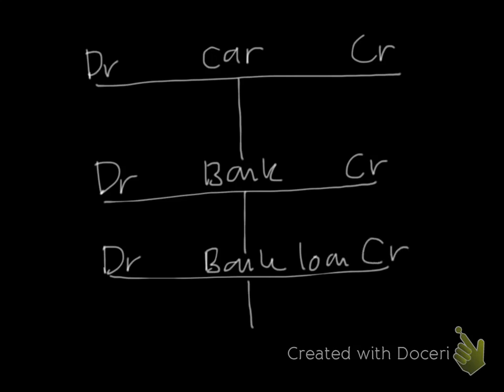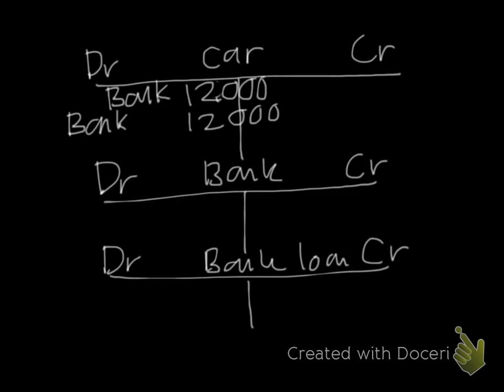So that we identify that we bought a car, the cost of the car is 24,000. So that we paid from our business bank, cost half from it, which is 12,000, and another 12,000 from a bank loan.